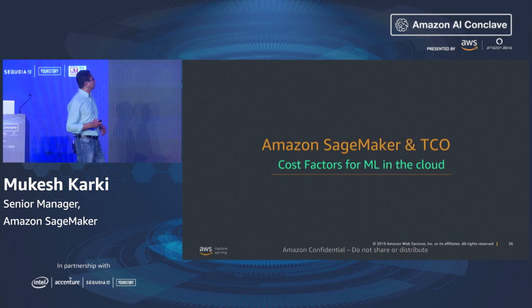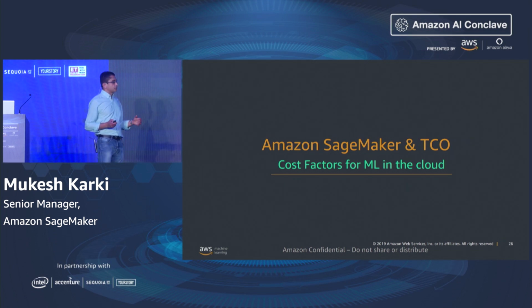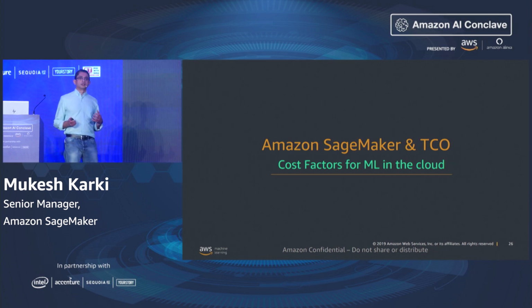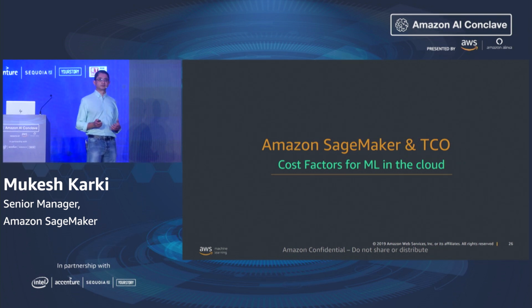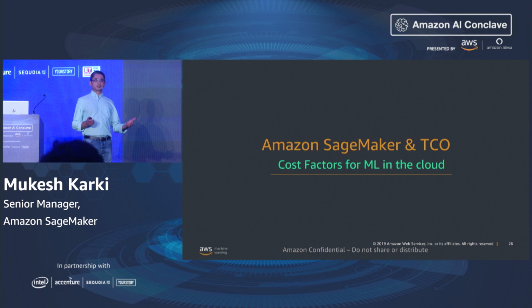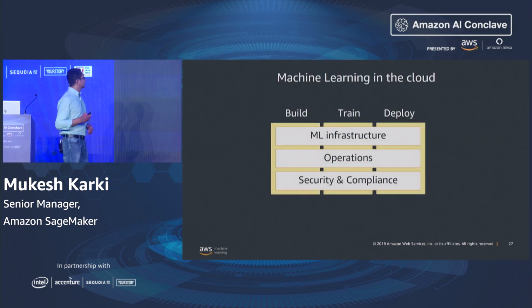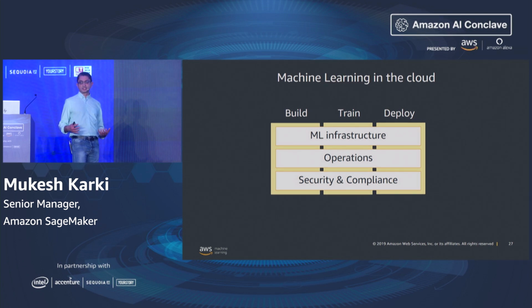One of the questions that I get asked very frequently is, yes, SageMaker has a lot of interesting features, but what about the TCO? What about the total cost of ownership? And how we think about cost of ownership is, for your ML scientists and your engineers, what all work they have to do if they were using raw compute or EC2 versus using SageMaker.